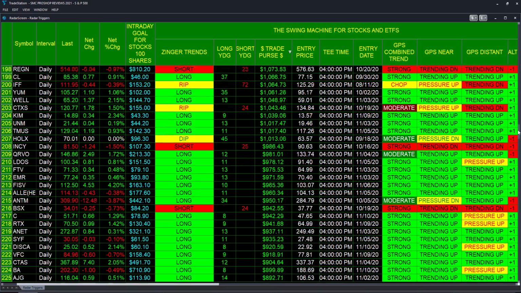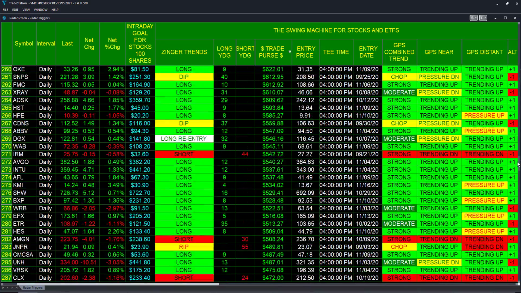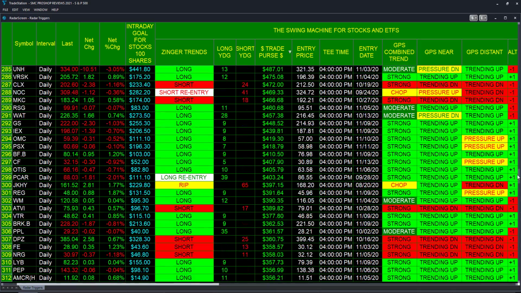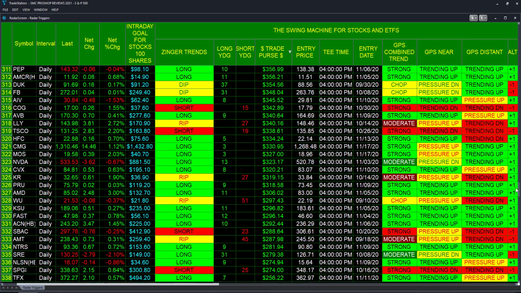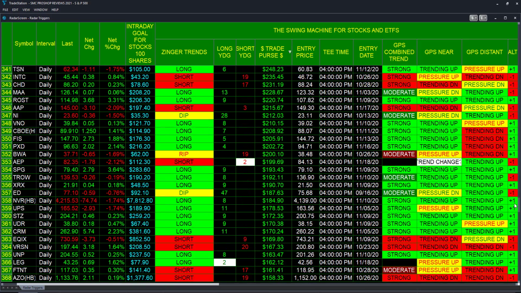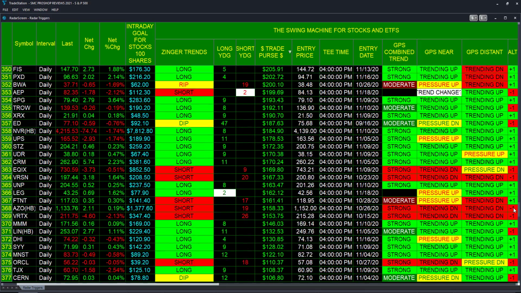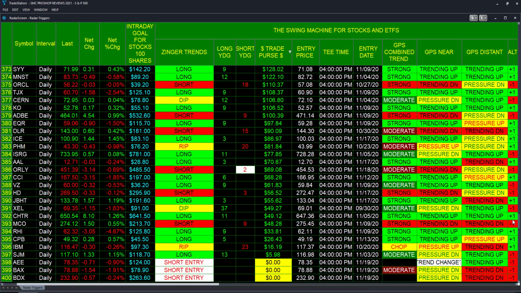So how many stocks out of the S&P 500? And you can slow this down to look at the entry price and the time. And every one of our members would have had an opportunity to see this as the trades come in and could have acted or not acted. So out of 500 stocks, Swing Machine is profitable, long and short, out of 397.